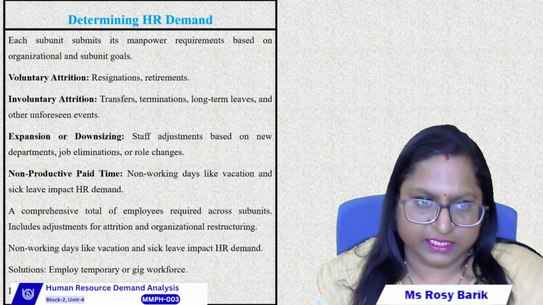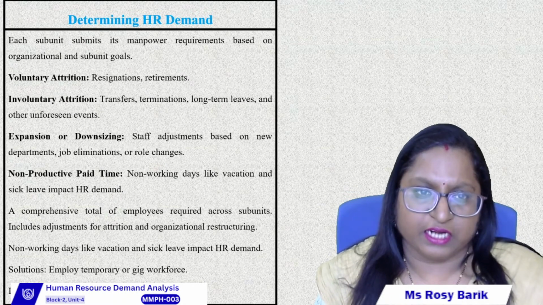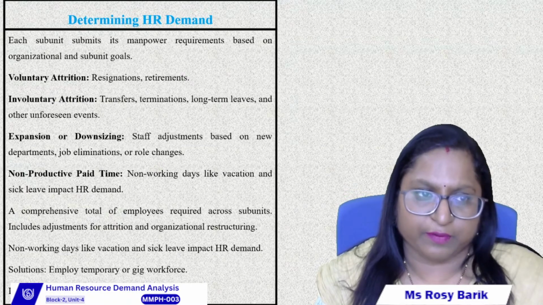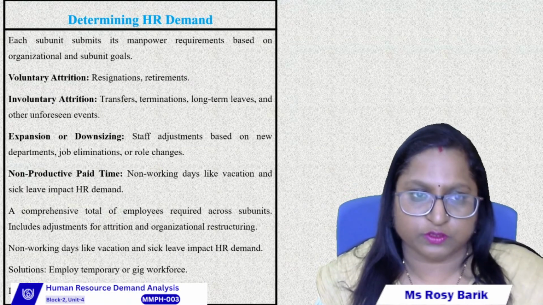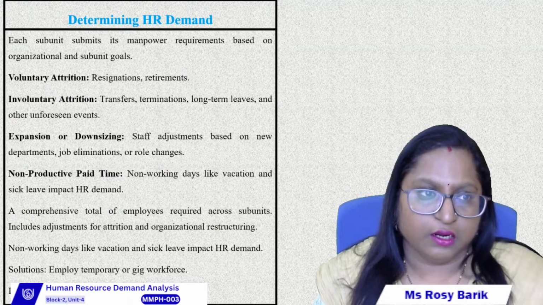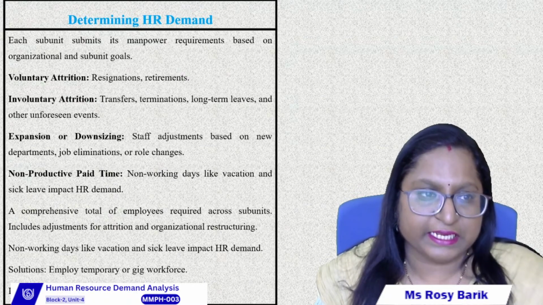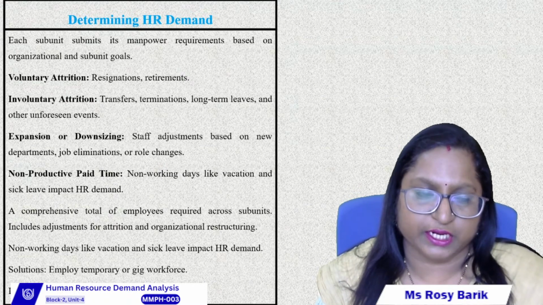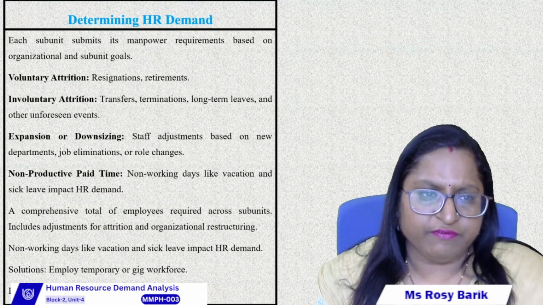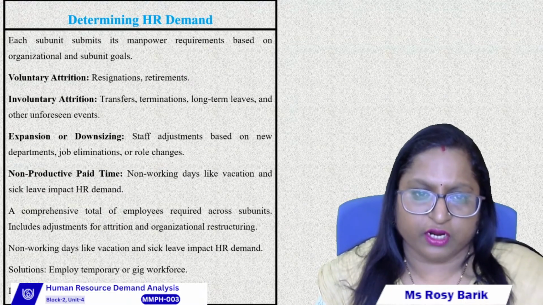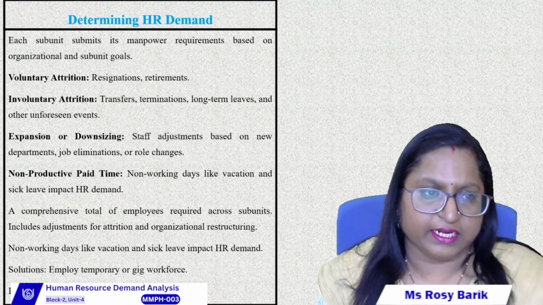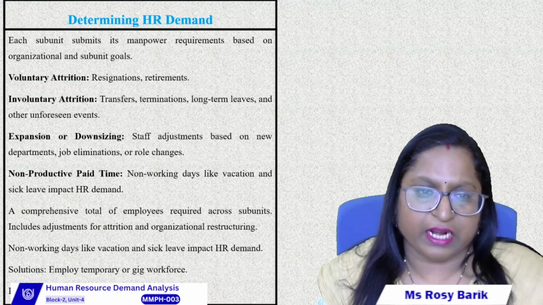Expansion or downsizing, staff adjustment based on new departments, job elimination processes or role changes. Non-productive paid time, that is non-working days like vacations and sick leave, impact the HR demand. A comprehensive total number of employees required across subunits includes adjustment of attrition and organizational restructuring.